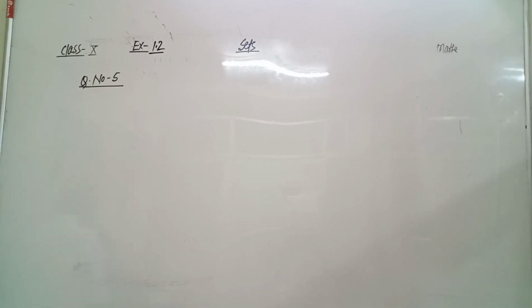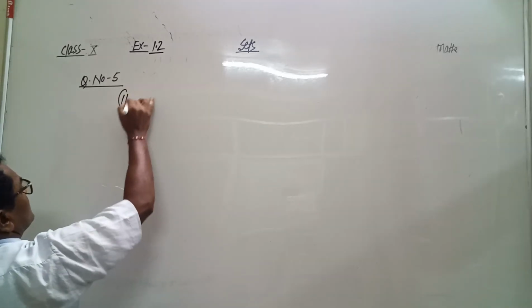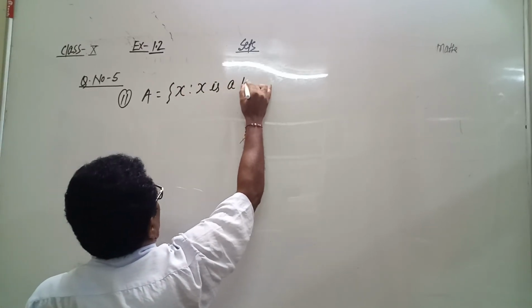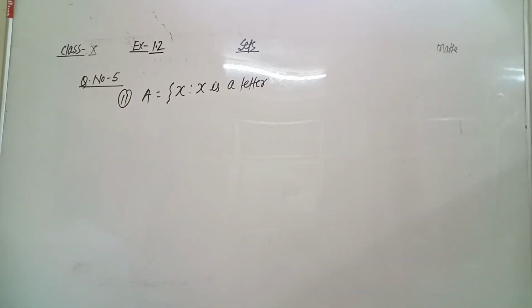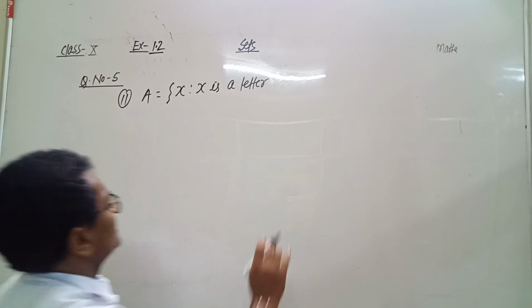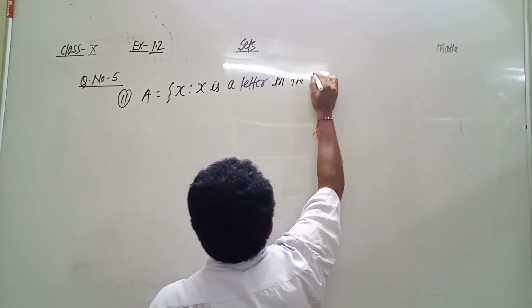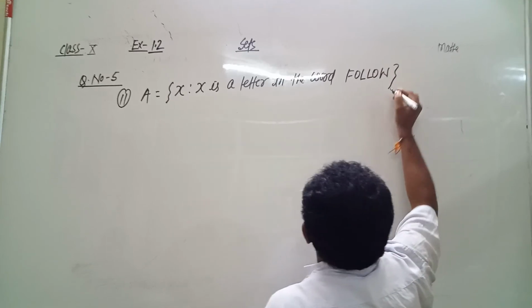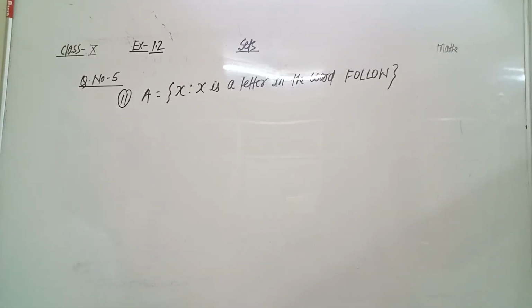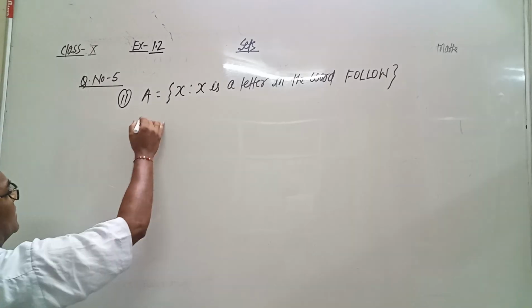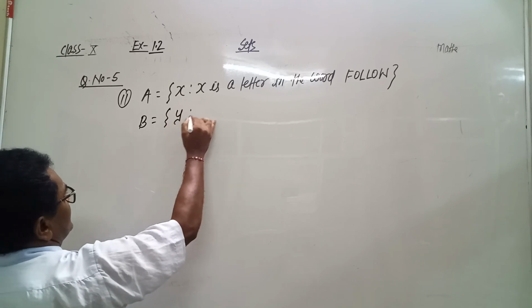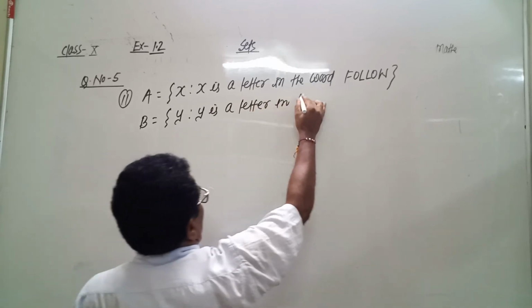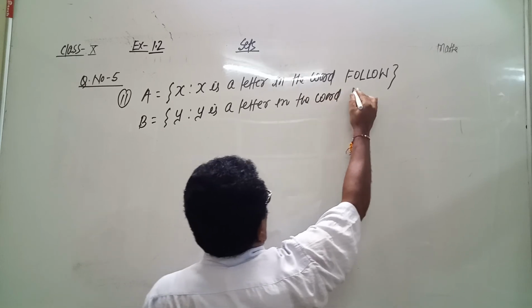Let A equal {x such that x is a letter in the word FOLLOW}, and set B equals {y such that y is a letter in the word WOLF}.